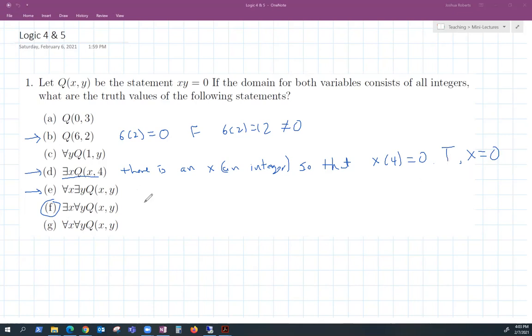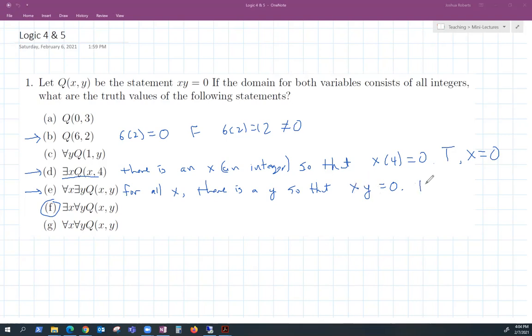And then for E, we're going to have for all x, there is a y so that x times y equals 0. So when you think about this, here's what you want to think about. X is the one that can vary, okay? So it says no matter what value of x I pick, there is a special y that when I multiply it, I get 0.